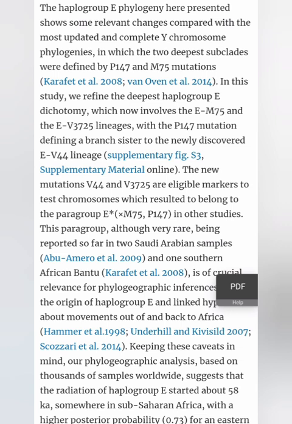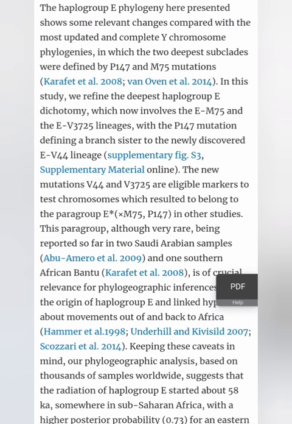So here's the conclusion that we've all been waiting for. The haplogroup E phylogeny presented here shows some relevant changes compared with the most updated and complete Y chromosome phylogenies, in which the two deepest subclades were defined by P and M mutations.